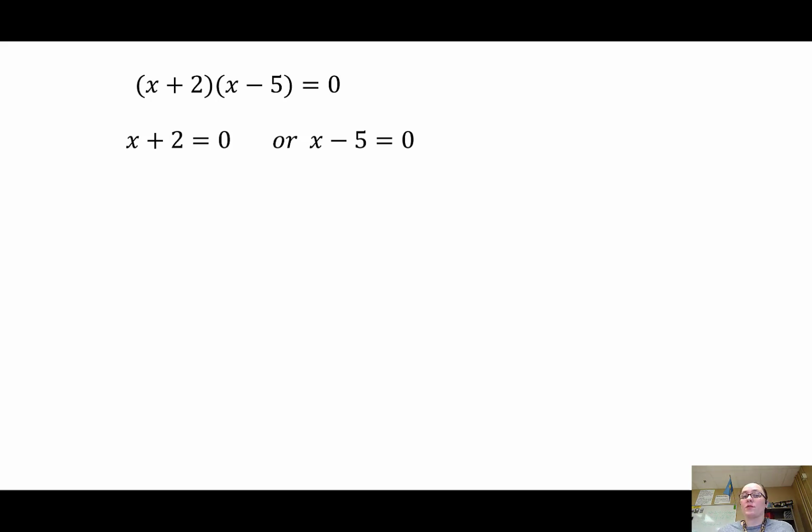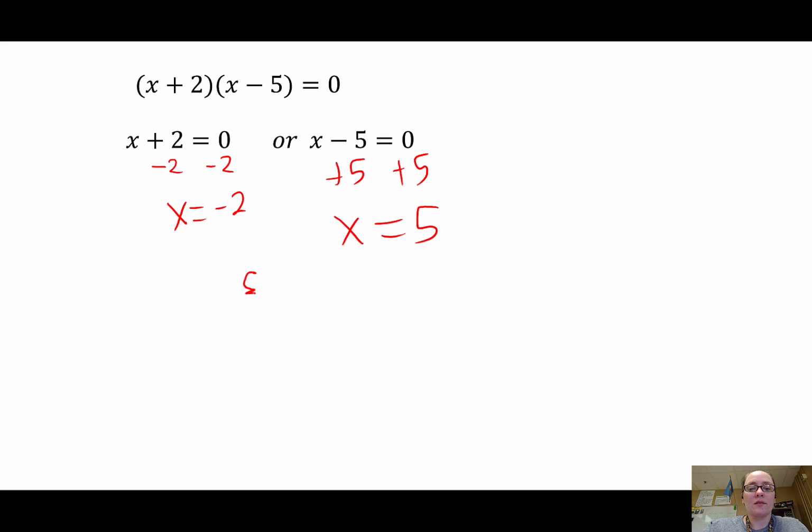And I can simply solve those, right? It's a one-step equation. Minus 2 here, and I get x is equal to negative 2, or add 5, and x has to equal a positive 5. So either x is negative 2 or x equals 5. And a lot of times you'll see our answer written with the curly brackets as negative 2, 5.